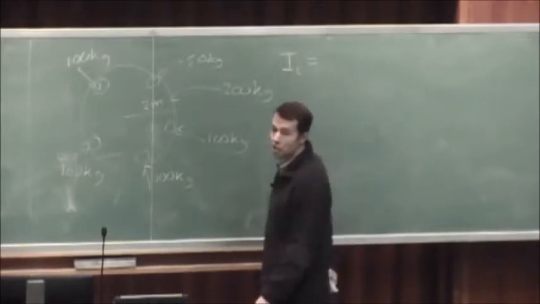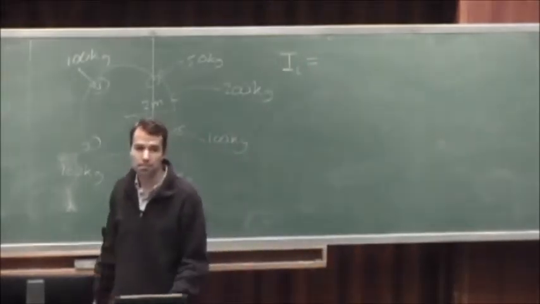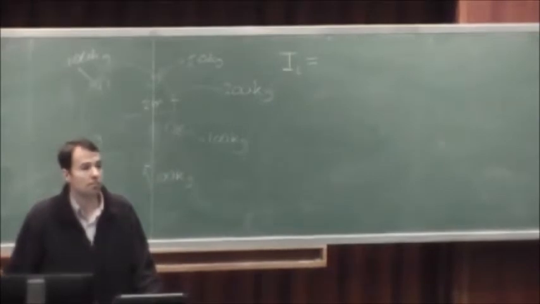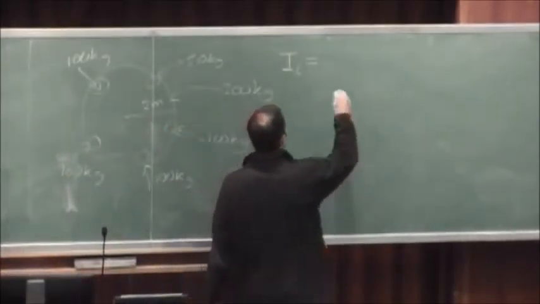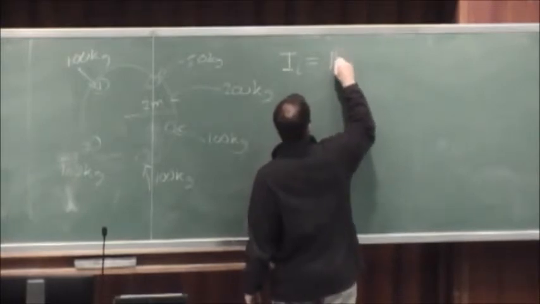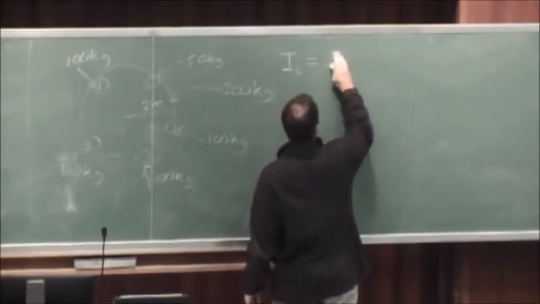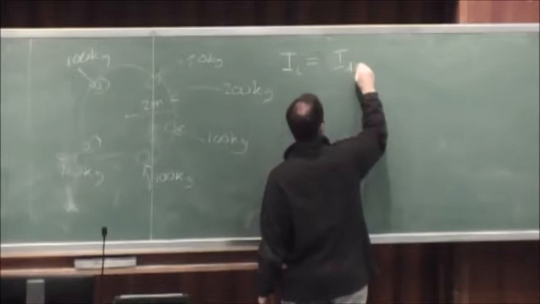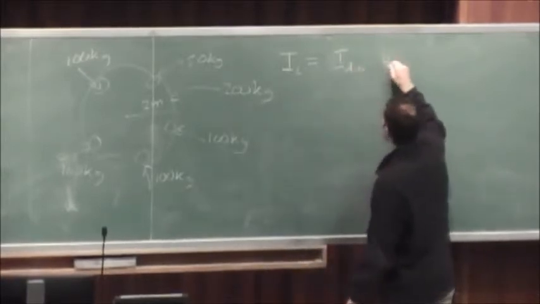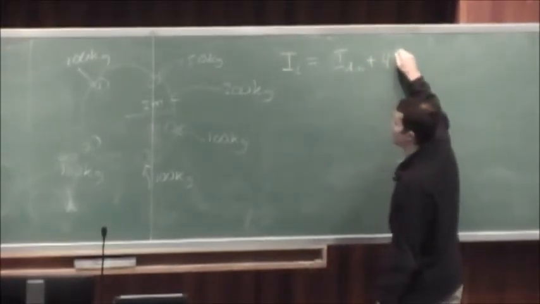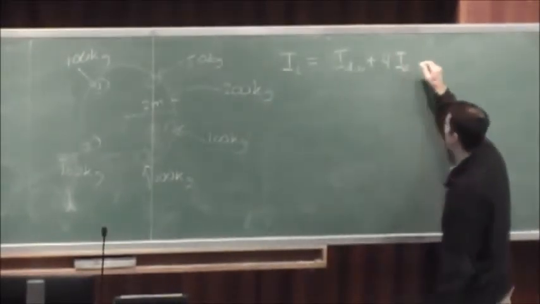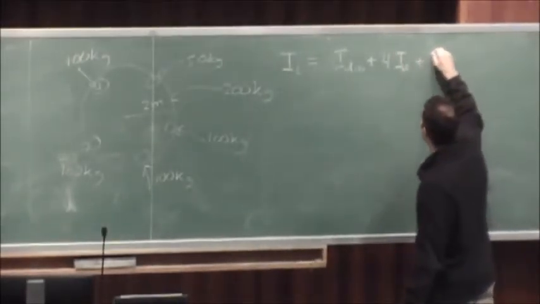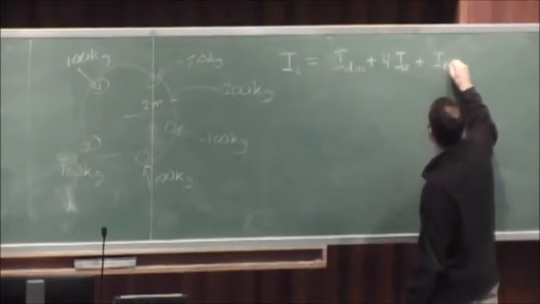So what is my initial moment of inertia? Well, I'm going to have the moment of inertia of the disk, then 4 times the moment of inertia of the heavy friends, plus the moment of inertia of the light friend.